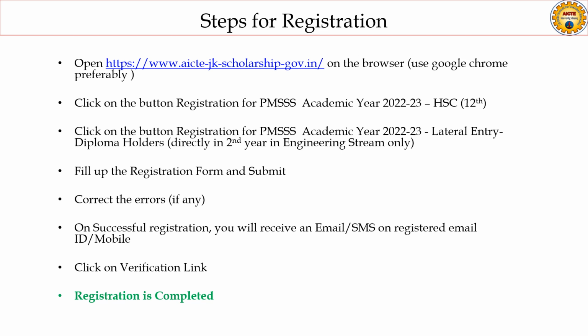Fill up the registration form and submit. Correct the errors if any. On successful registration, you will receive an email and SMS on registered email ID and mobile number respectively. Click on the verification link which you have received on the email and SMS. After clicking on the link, the registration will complete.